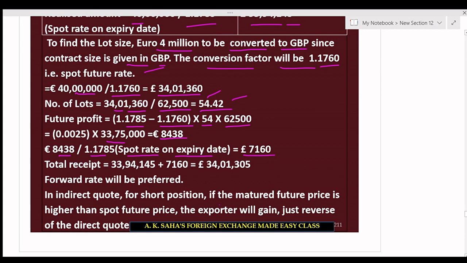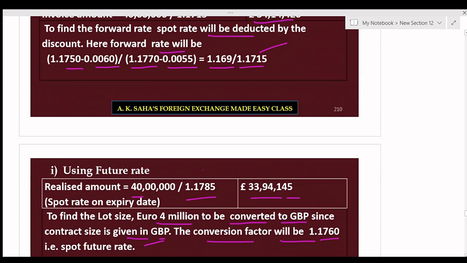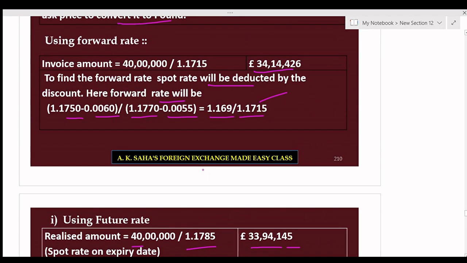Total received in the future contract will be 33,94,145 pound plus 7,160 pound is equal to 34,01,305. So the forward rate will be preferred, because at the forward rate the exporter will receive 34,14,426 pound.